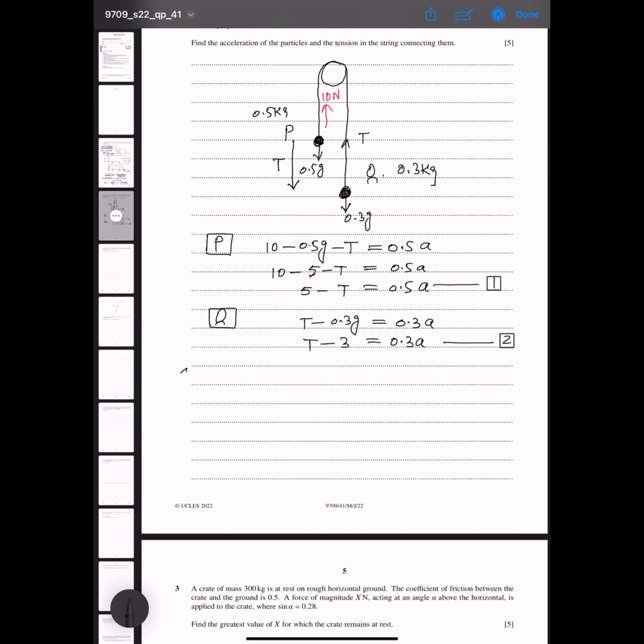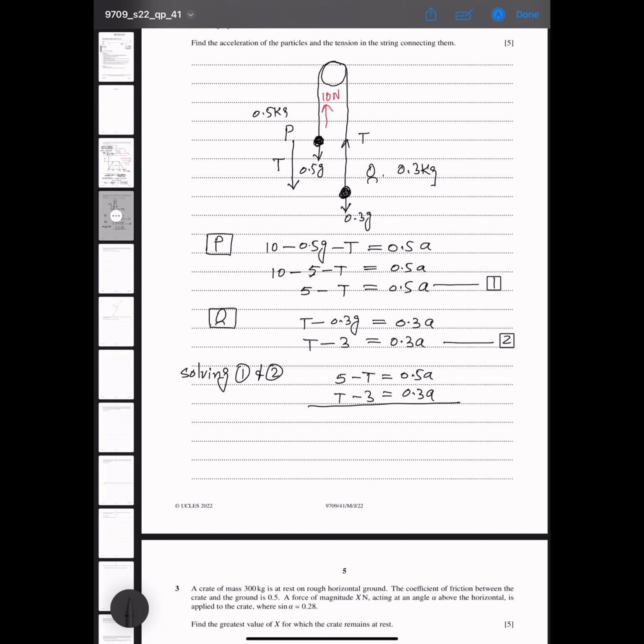Now solving equation number 1 and 2. 5 minus T is equal to 0.5a. T minus 3 is equal to 0.3a.